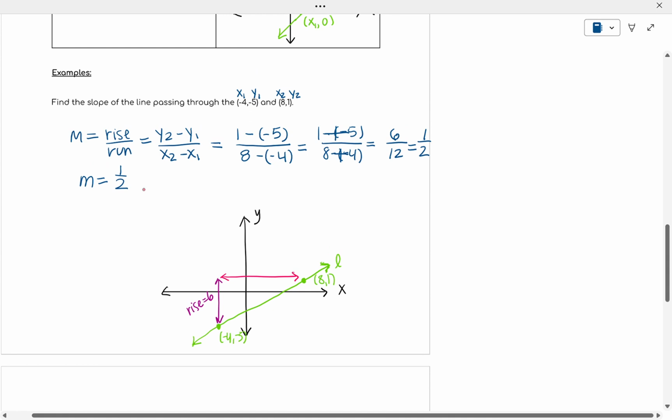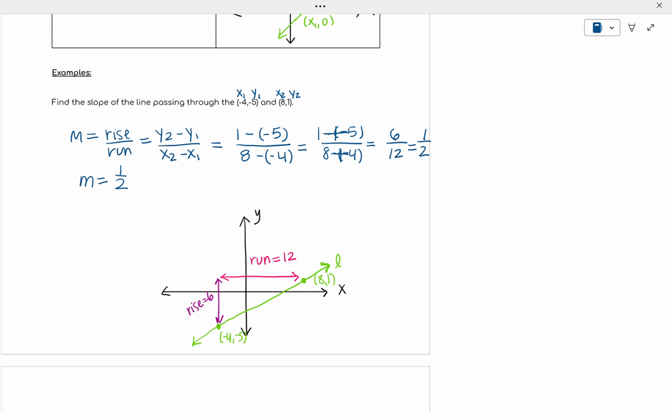So the run is equal to 12. So our slope is 1/2. Or in other words, our rate of change, what we're constantly adding by, is 1/2.